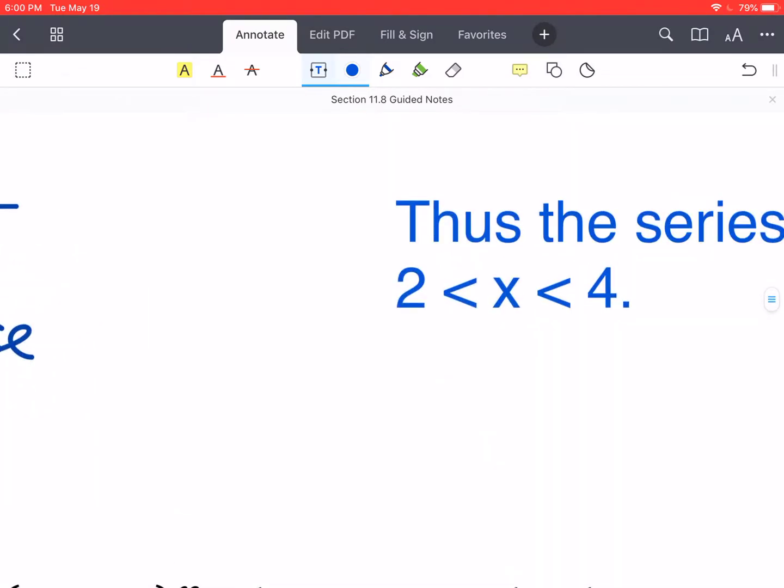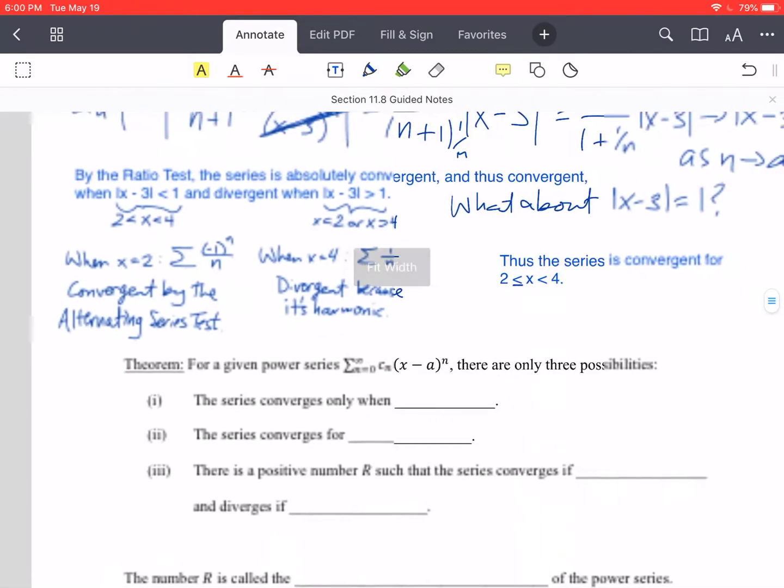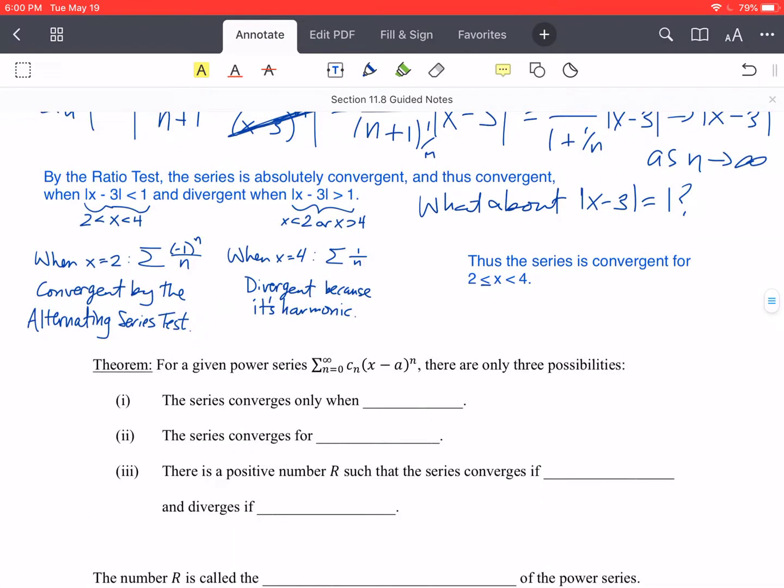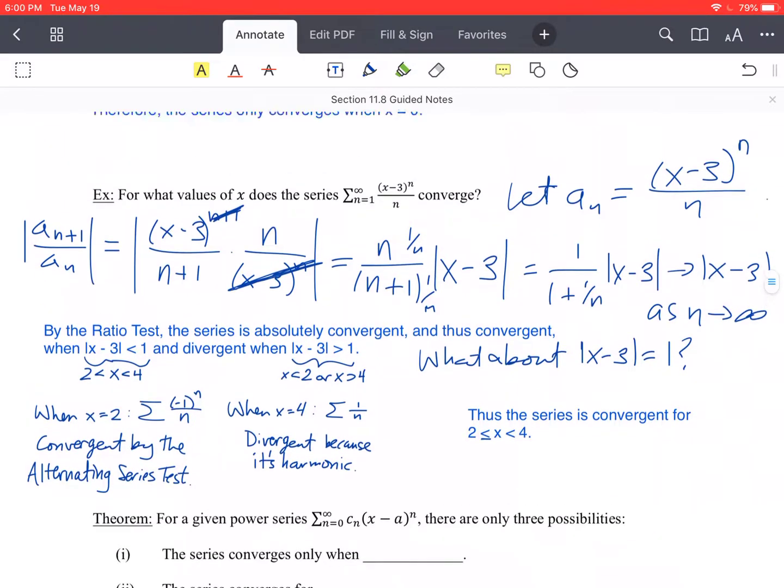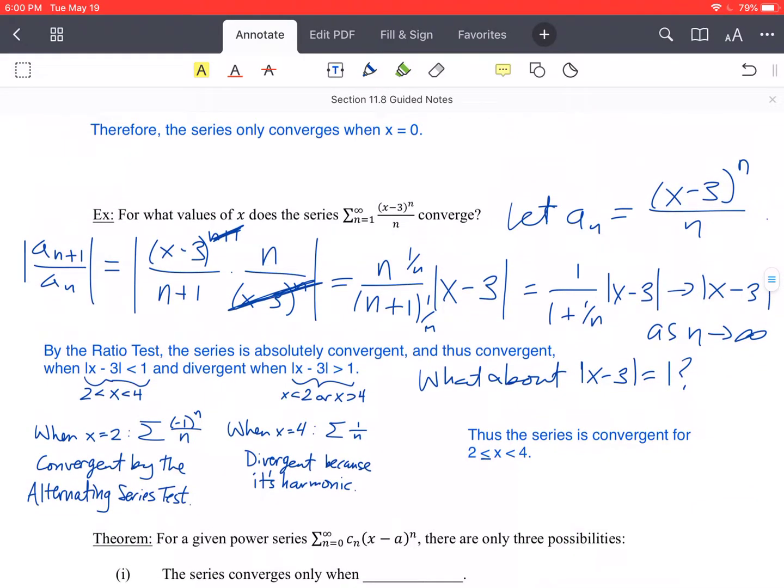So the series is convergent for x equal to 2 or between 2 and 4. Okay, so x between 2 and 4 inclusive of 2, not inclusive of 4.